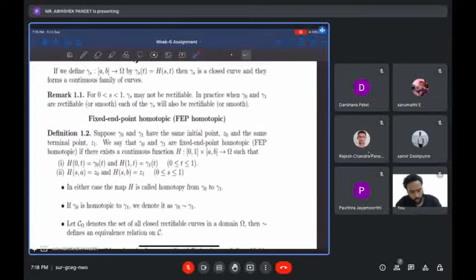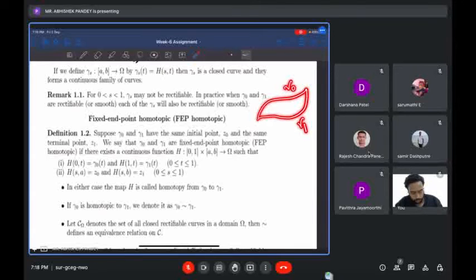Now fixed endpoint homotopic. So here you have two curves. Suppose z0 and z1 are fixed points, like the same initial point and same terminal point. So here is your curve gamma naught. And here is your curve, suppose gamma 1.